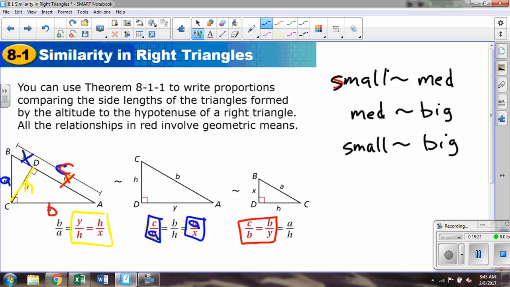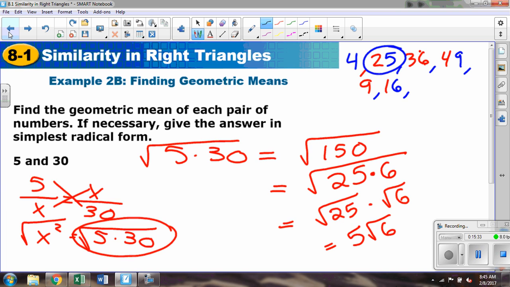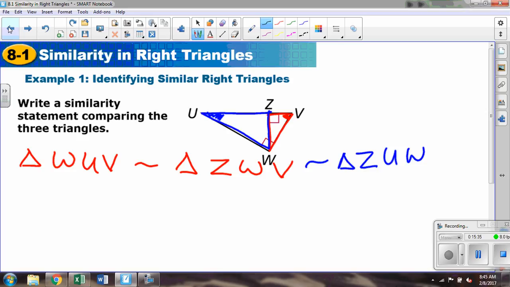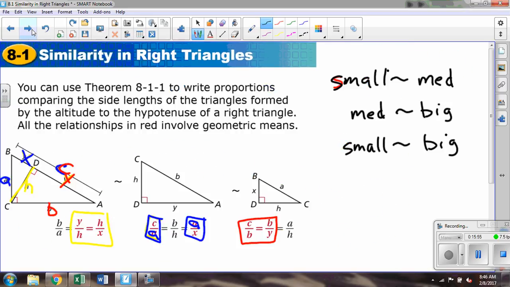And here's where you get some flexibility. You can memorize these three cases. We have them stated as a theorem. Or you can focus instead on understanding how to identify the similar parts and build them as you need them. For me, I think it's easier to look at the pictures and create the proportions, saying small leg matches small leg, hypotenuse matches hypotenuse. That's easier than memorizing all of this.